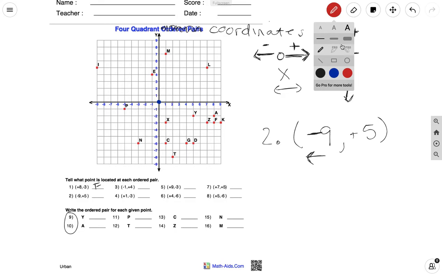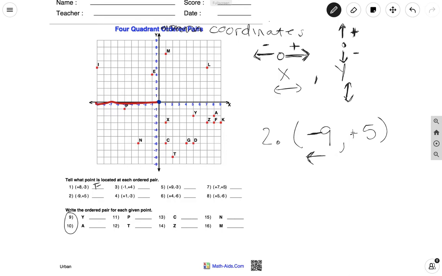So again, I'm going to make it red this time. Remember, we always start at our middle. We always start at that little 0, 0. And we're going to go negative 9 to the left. So we're going to go 1, 2, 3, 4, 5, 6, 7, 8, 9. We stop on the 9. And then positive 5. Well, positive 5, the second number tells me to go up or down.